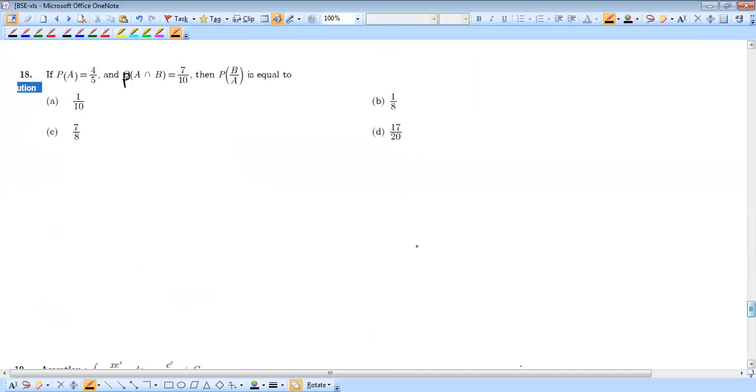Question number 18: probability of A is 4 by 5, probability of A intersection B is 7 by 10, and they're asking probability of B given A. This is also a very simple one.